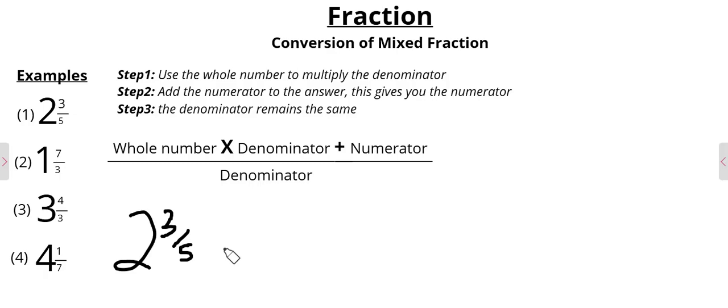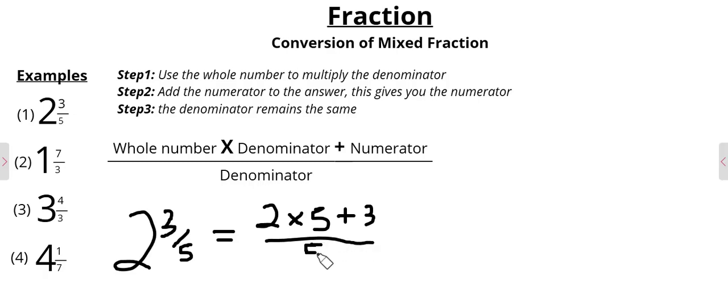So if we follow the steps given there, 2 is the whole number, right? So we'll come with 2, multiply the denominator. What's the denominator? It is 5. So multiply it by 5, and we add the numerator plus 3, which is the numerator, all over the denominator. The denominator is what? Is 5.